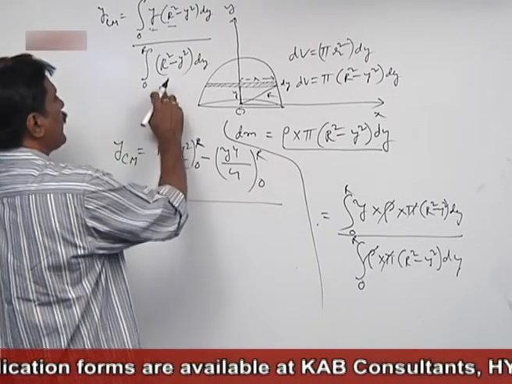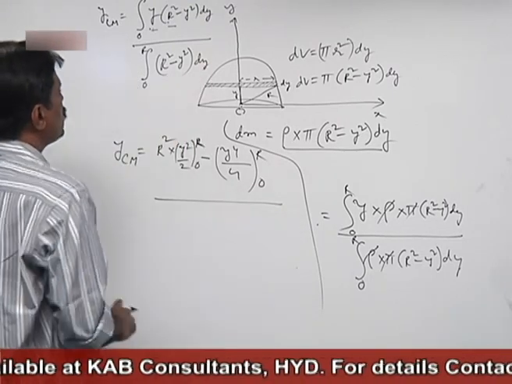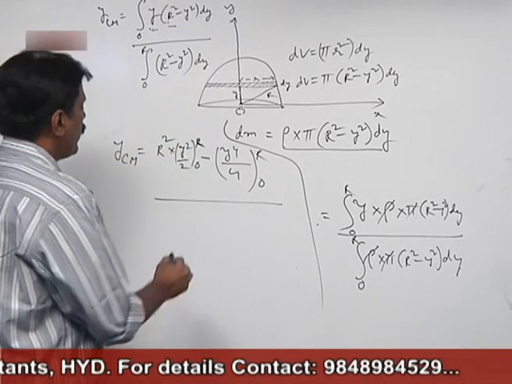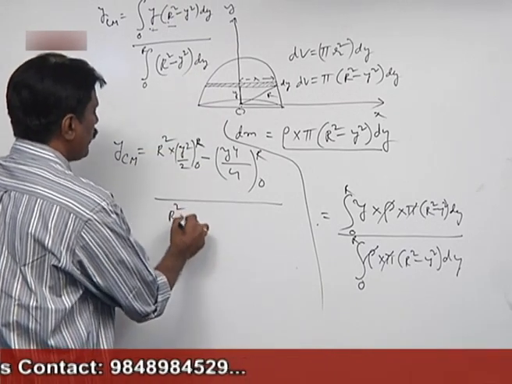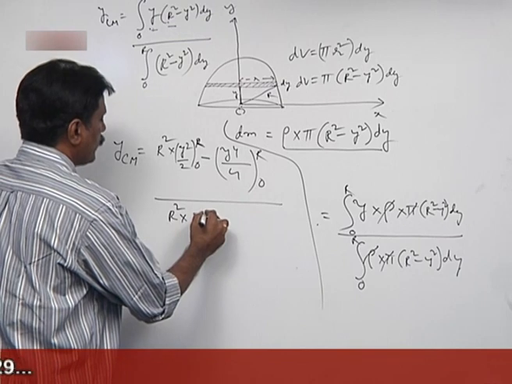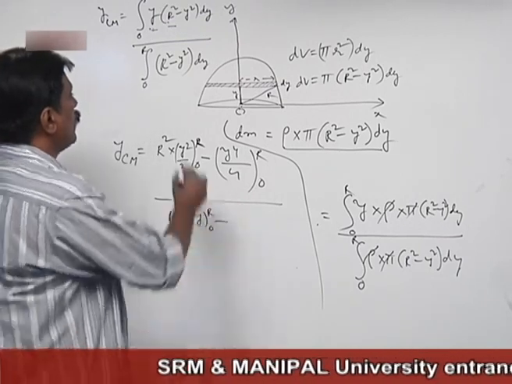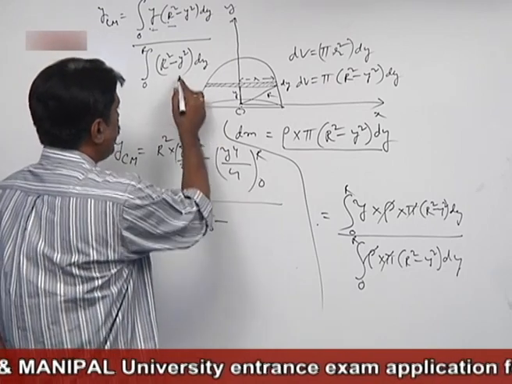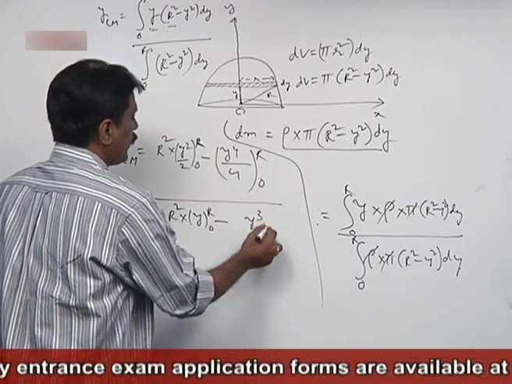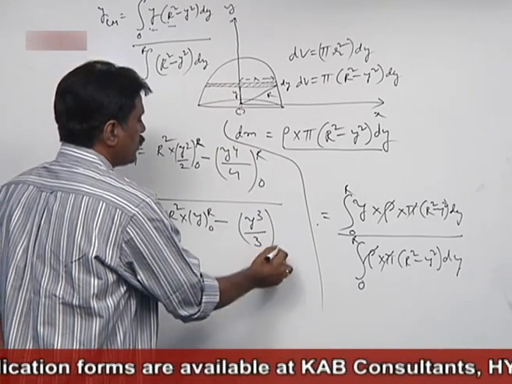This is divided by the integral of r square dy, which is r square into y, limits 0 to r, minus the integral of y square dy, which is y cube by 3, limits 0 to r.